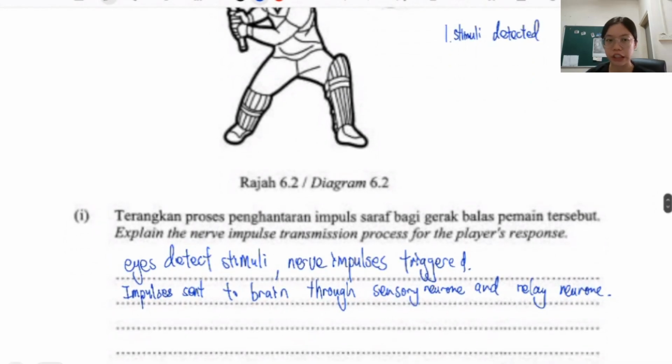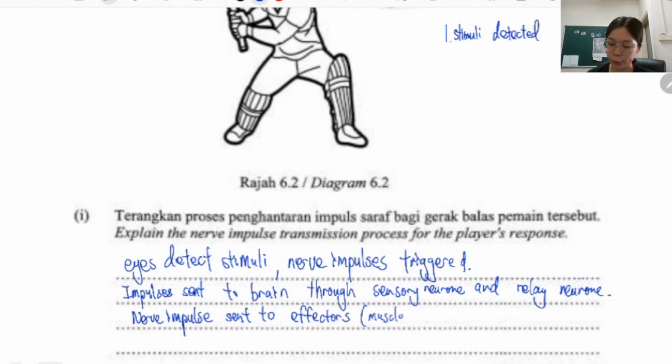So after interpretation of this info, the brain knows that it wants to produce a response. So it will send out the nerve impulse to the effector. If you want to be more detailed, you can say muscles.